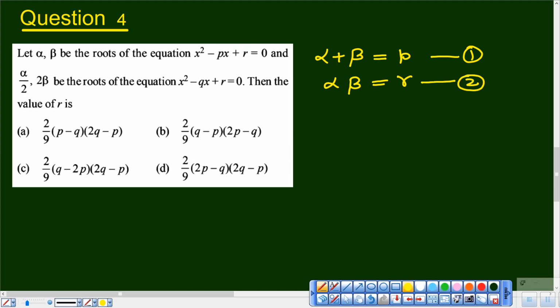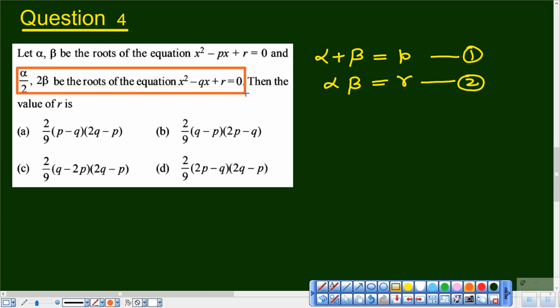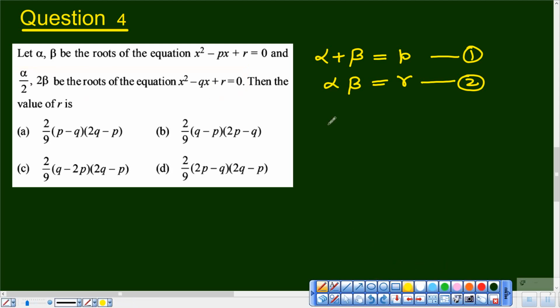Likewise, in the second equation, you can see that alpha by 2 and 2 beta are the roots of this equation. So what is the sum of the two roots? The sum, alpha by 2 plus 2 beta, is going to be minus the linear coefficient upon the highest degree coefficient, that is q.